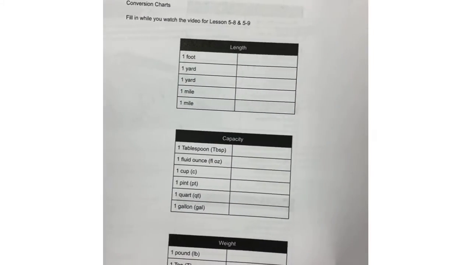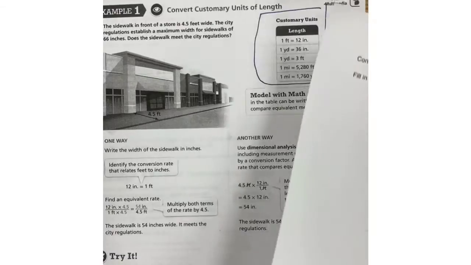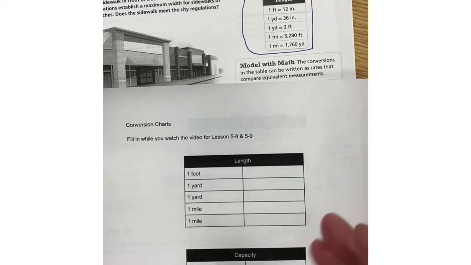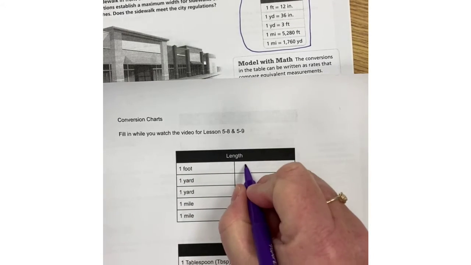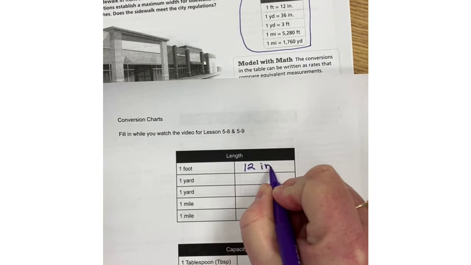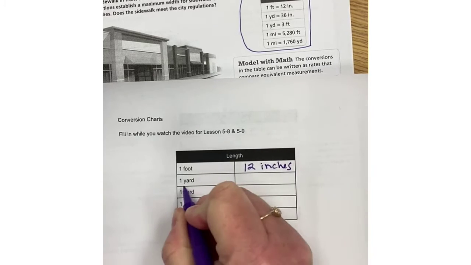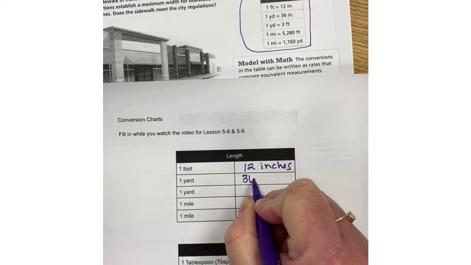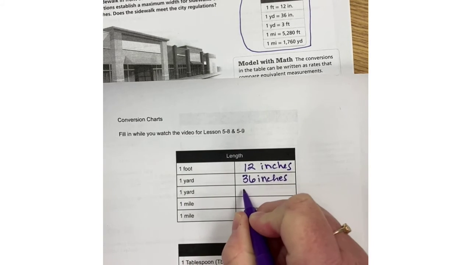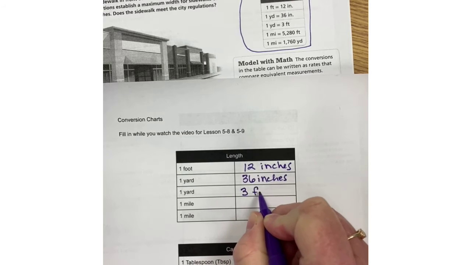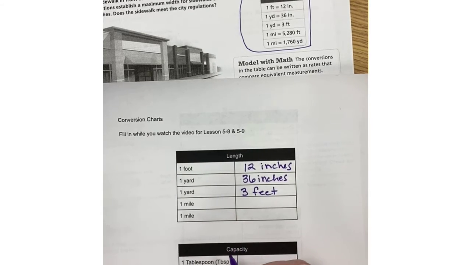This is more for handy use later because I'm not sure what's going to happen to your pages. So we know that 1 foot from our last problem is 12 inches. 1 yard is 36 inches because 1 yard is 3 feet. And that's probably the most common one that we do.